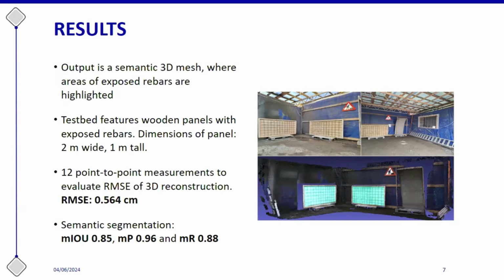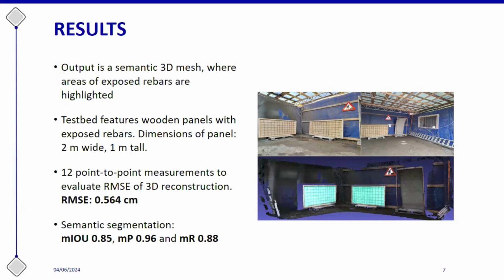All of the test beds, also the ones that we collected data from, feature wooden panels with exposed rebars. In this specific case, it's a 2 meter wide and 1 meter tall panel, and these dimensions are then used to evaluate the performance of the 3D reconstruction method.